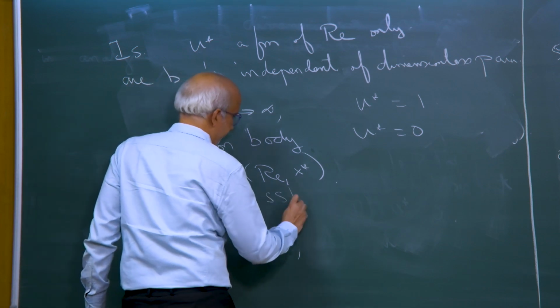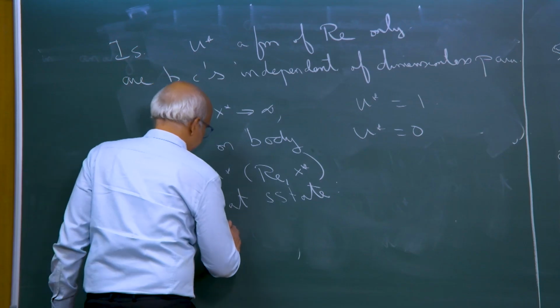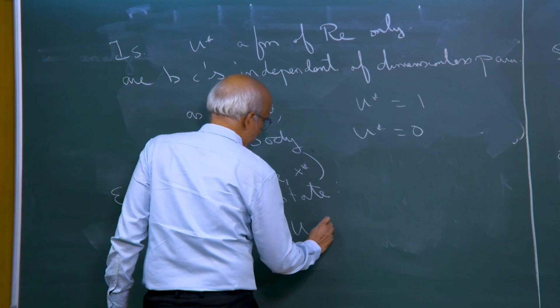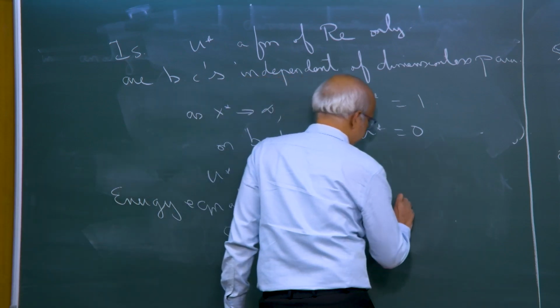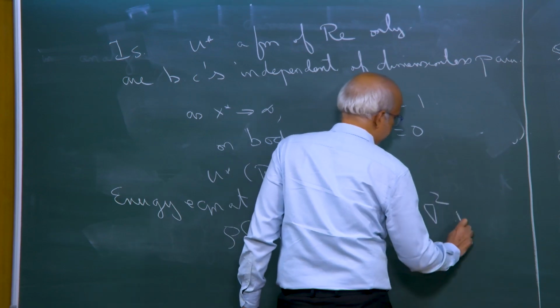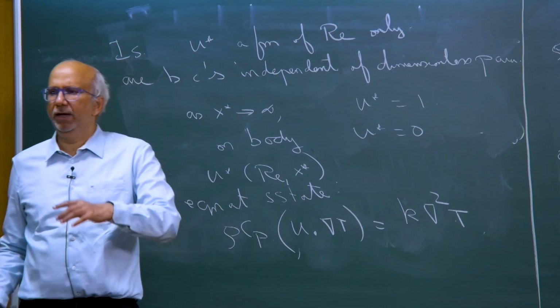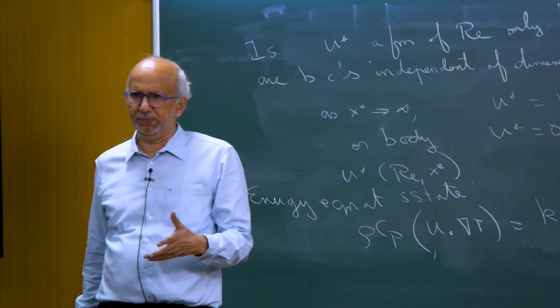at steady state, and that basically tells me rho Cp times u dot del T equals k del square T. I have neglected any generation of energy, like reaction, or viscous dissipation for now.